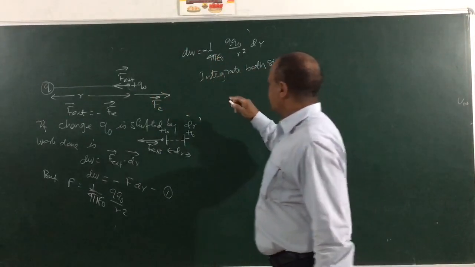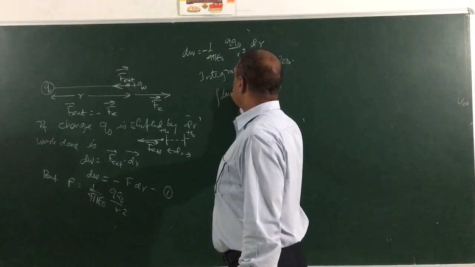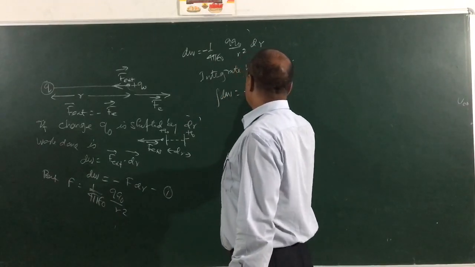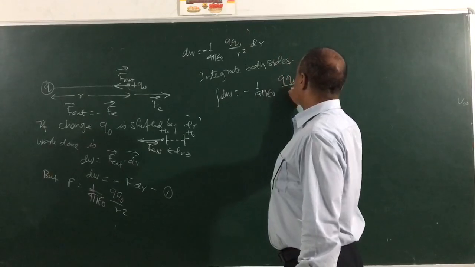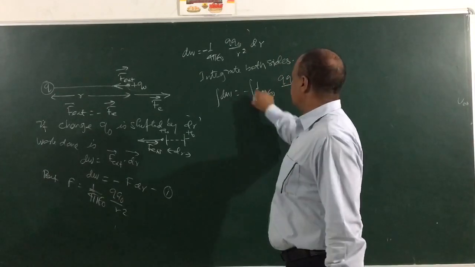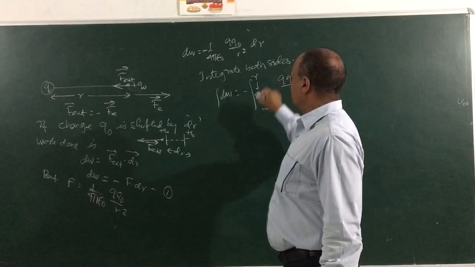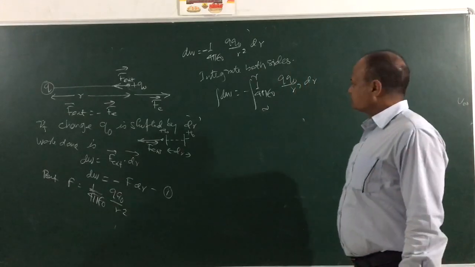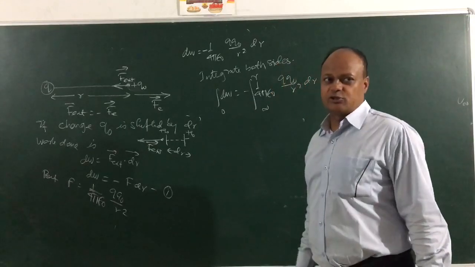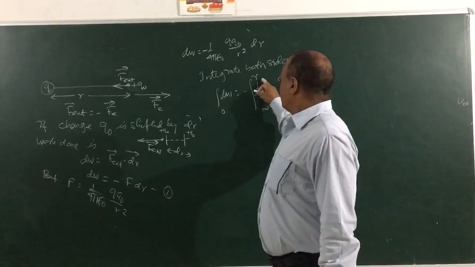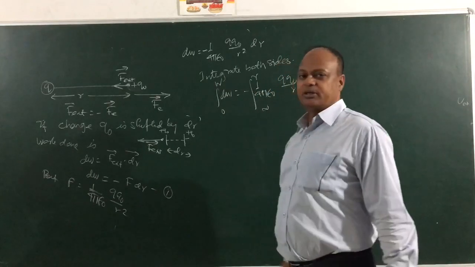So integrating, dW is equal to minus 1 by 4 pi epsilon naught Q Q naught by r square dr. Let's set up the limits: infinity to r. When charge is at infinity, W is zero, as there is no interaction. When the distance is r, the work done is W.